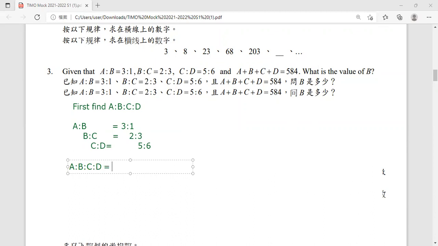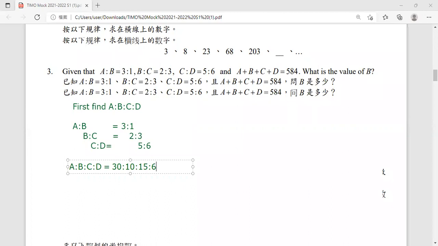The first one will be what? The first one is 6 to 2 to 3, and then times 5, so it's 30 to 10. 30 to 10 to 15 to 6.